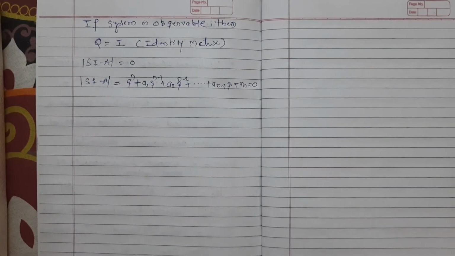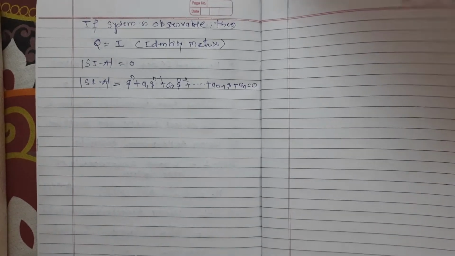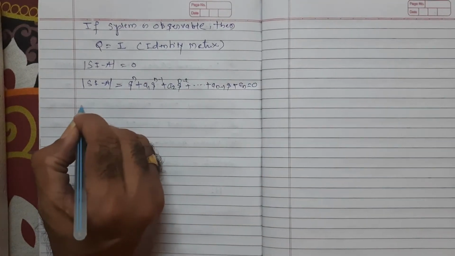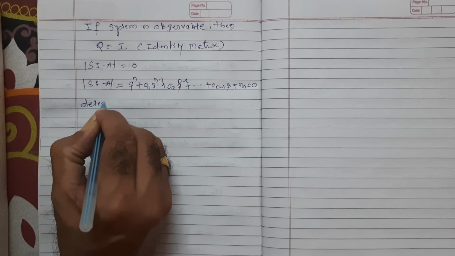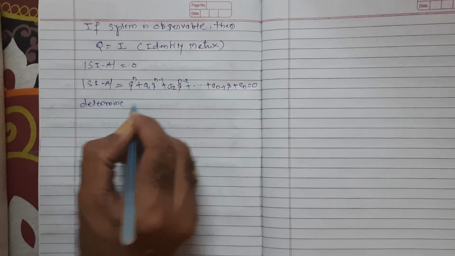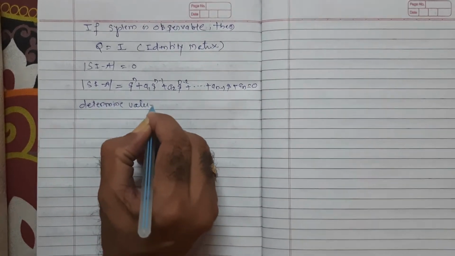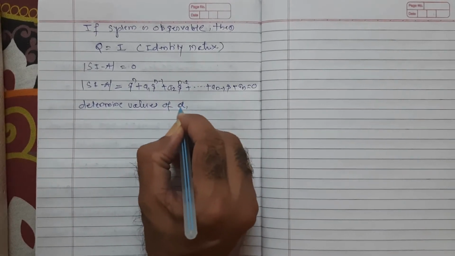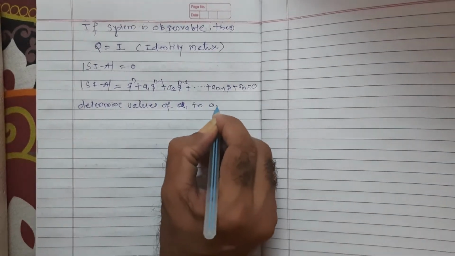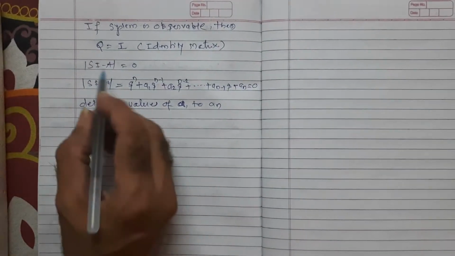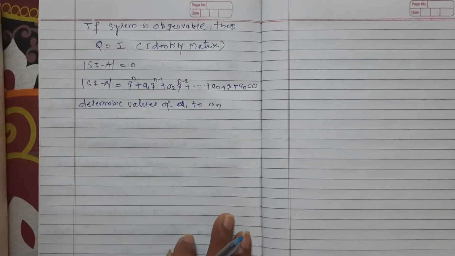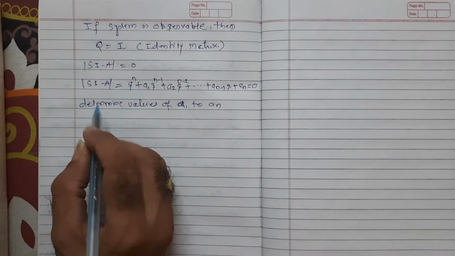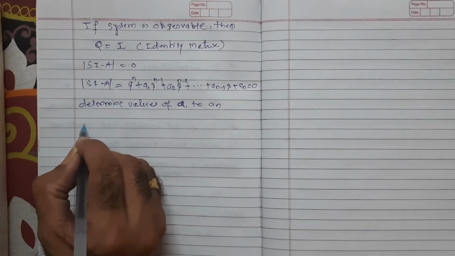So this way we will get the values of a1 to an. Determine the values of a1 to an from sI minus A.